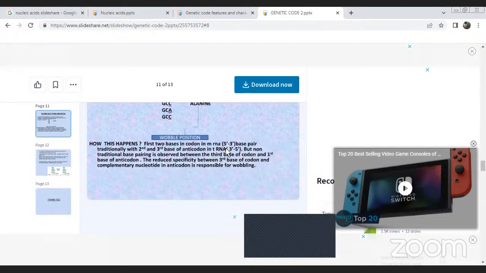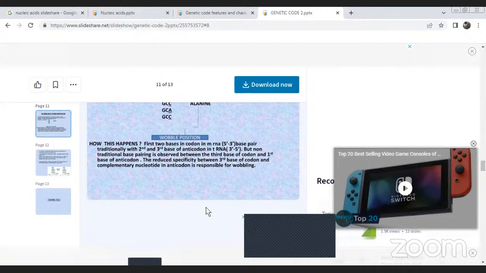For example, in mRNA, base pairing is traditional for the first and second bases with the anticodon, 3' to 5'. But non-traditional base pairing is observed between the third base of the codon and the first base of the anticodon.